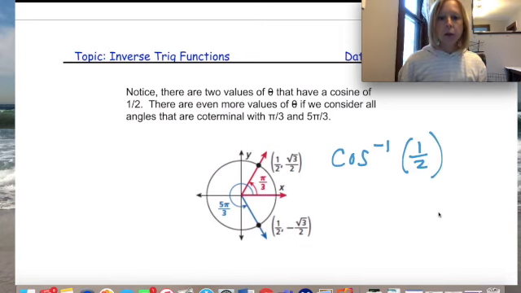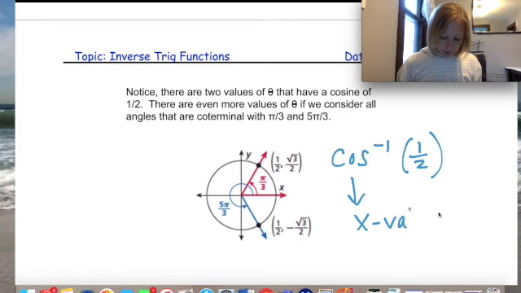Okay? So we would look all the way around the unit circle. And I know cosine is an x value. So I'll be looking at my unit circle for an x value of 1/2, and I want to know what angle measurement gives that.